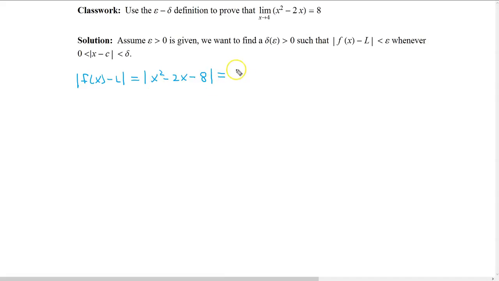That factors nicely, and notice right here that part is our x minus c. That 4 comes from right up there, and so that we want to keep, right? And this part we want to get rid of. We want to bound this by some number.